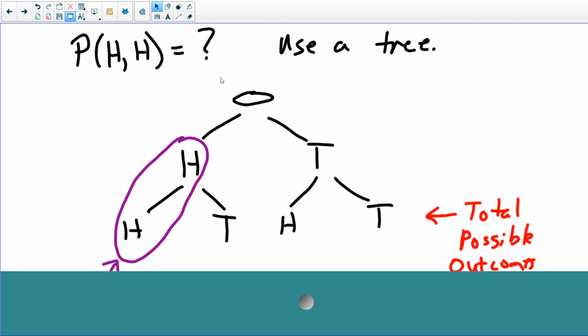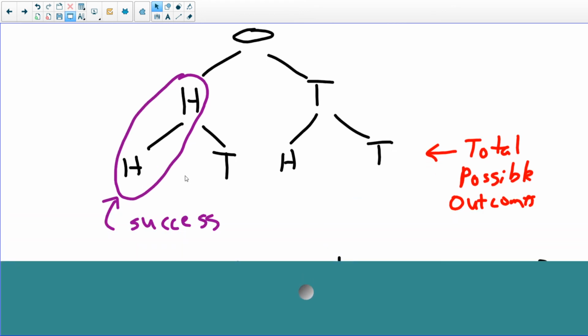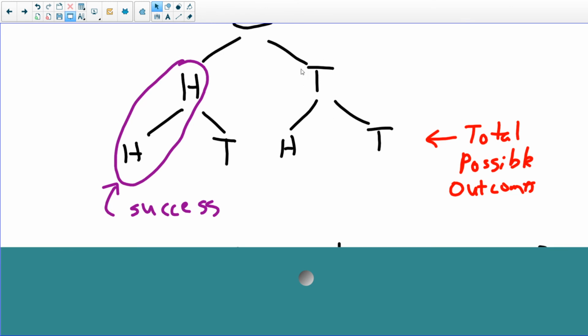We were looking for the probability of rolling heads twice. Well, here is my probability of rolling heads twice. And that means we have 1 success out of a total of how many outcomes. There are 4 possible outcomes here, which I want you to see is again 2 times 2, right?